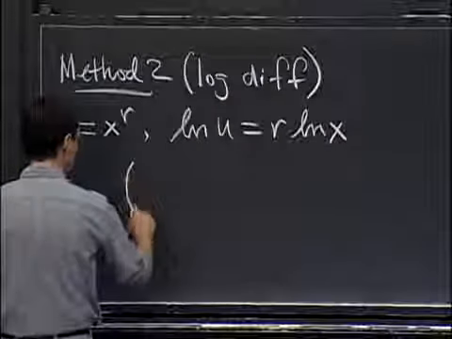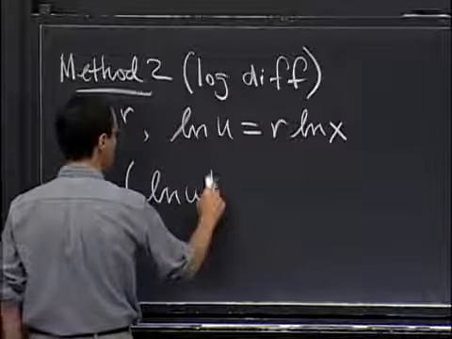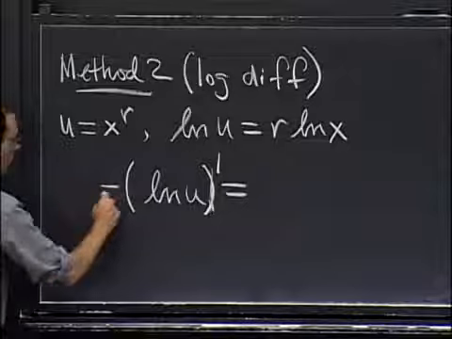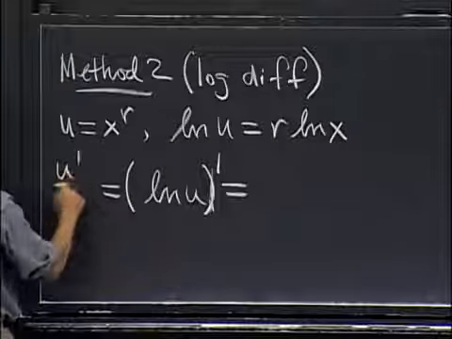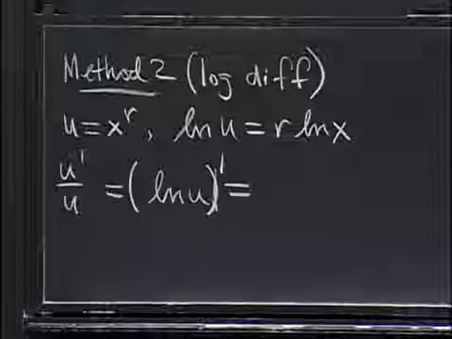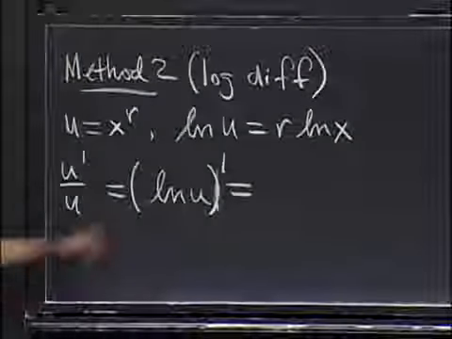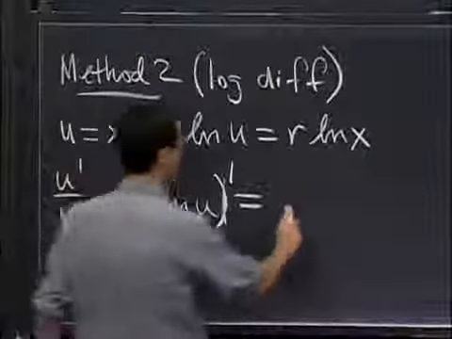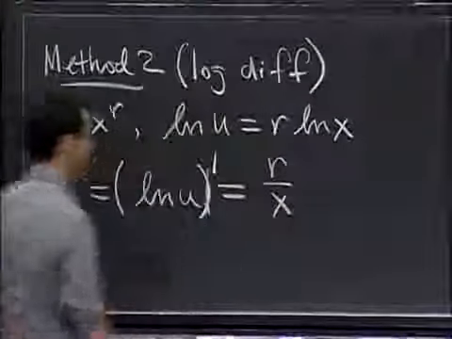I'll leave that in the middle because I want to remember the key property of logarithmic differentiation. Later on, what I'm going to use is that this is the same as u prime over u. This is one way of evaluating the logarithmic derivative. And then the other is to differentiate the explicit function that we have over here. And that is just, as we said, r over x.